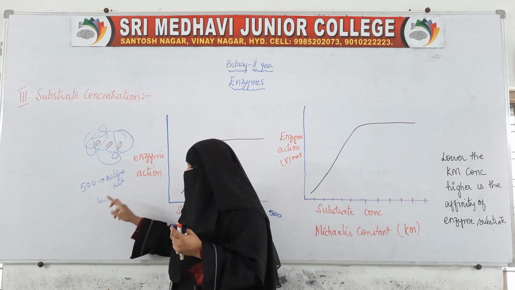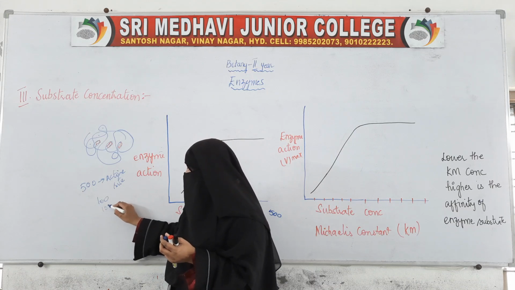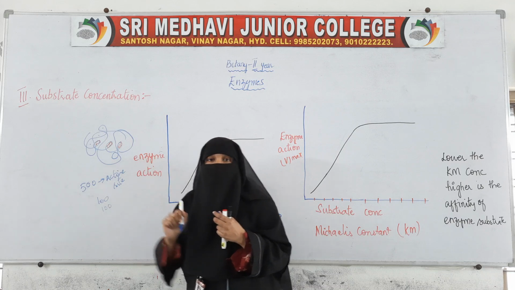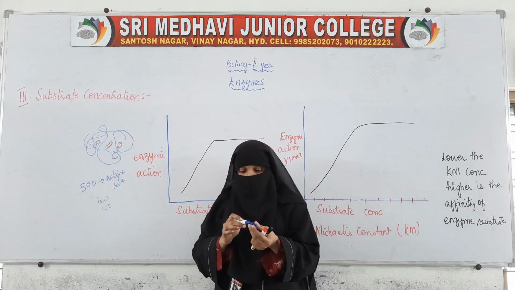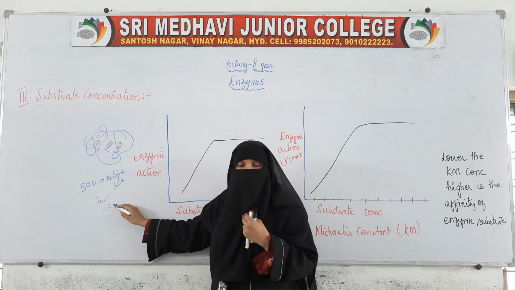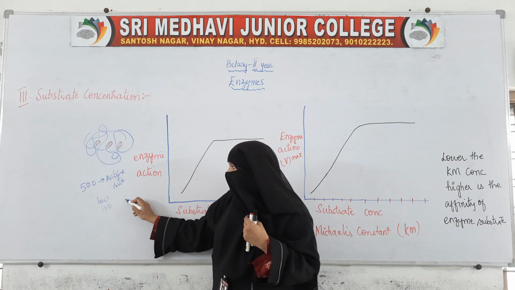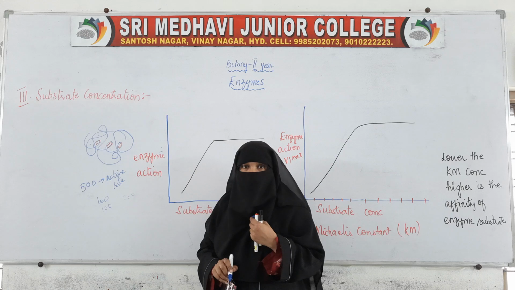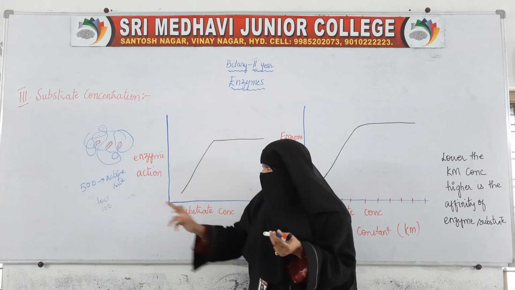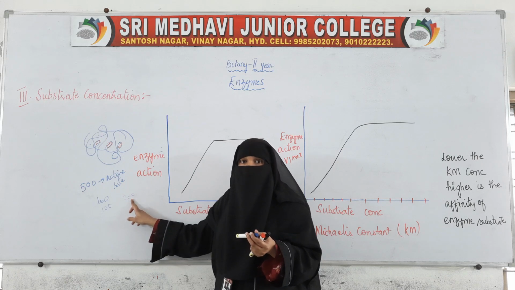Now I will add 100 more, and they go and fill the remaining sites. So how many sites are occupied? 200 sites are already occupied, out of 500.